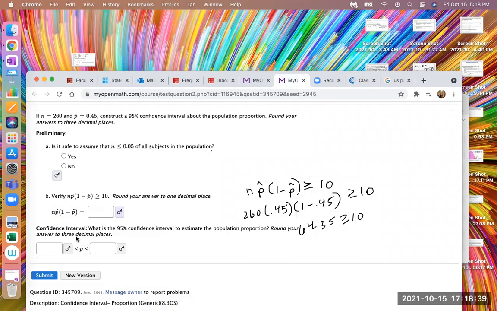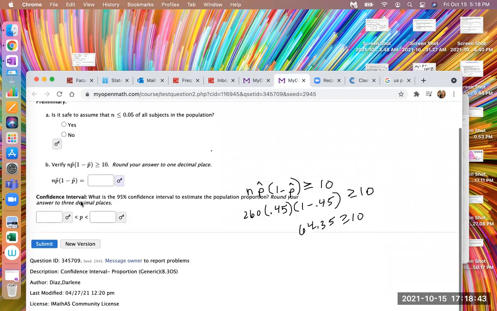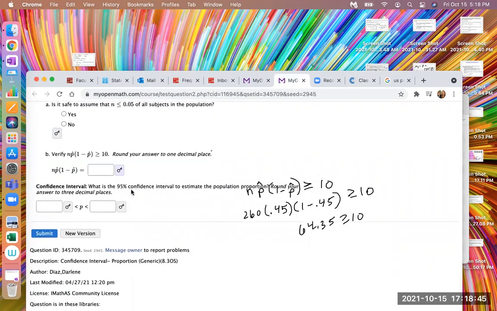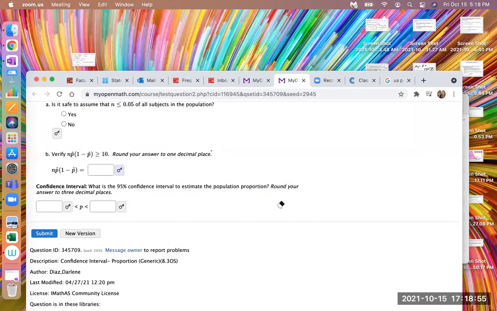The next thing in this problem is to find the confidence interval, which is the biggest, most important information. They want us to say with 95% confidence that the true population proportion is between these two values. All we have to do is write down the information given in the problem.